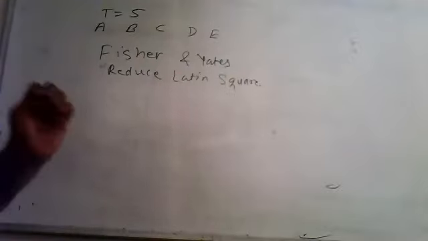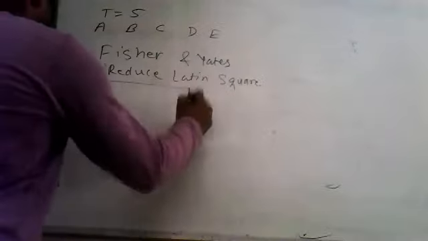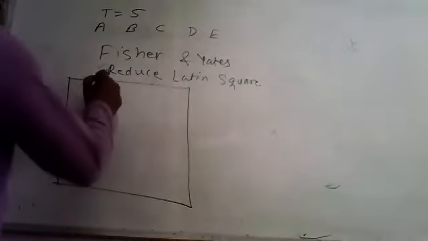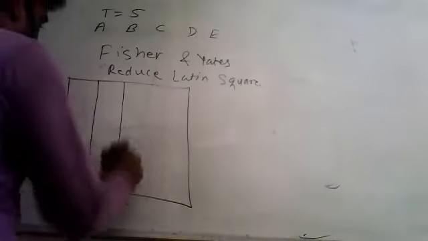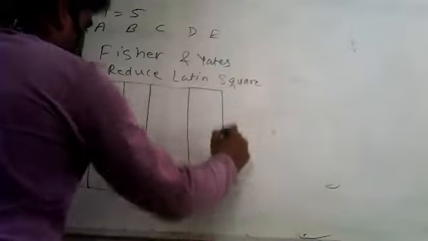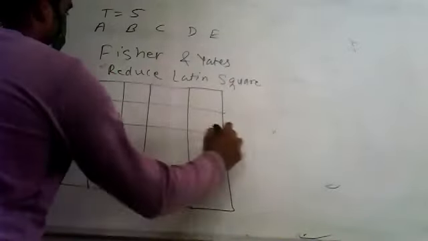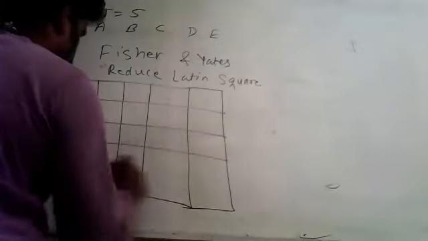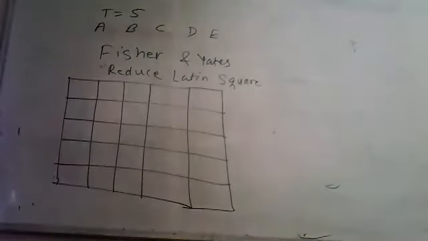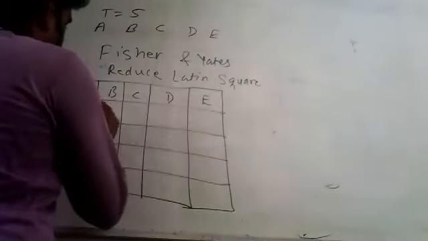For 5 treatments, suppose reduced Latin square is given like that. For 5 treatments, we have to make 5 columns and 5 rows. Okay, A, B, C, D, E.